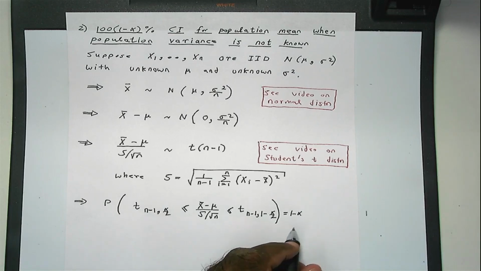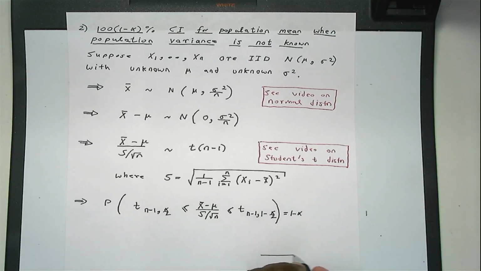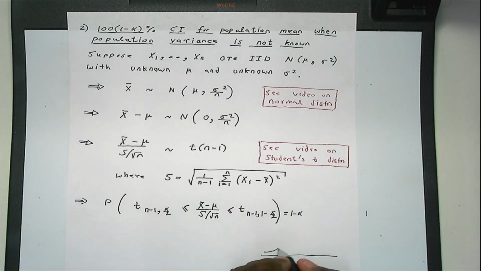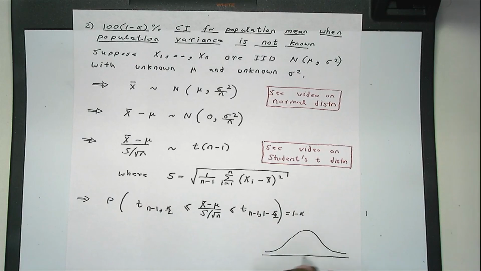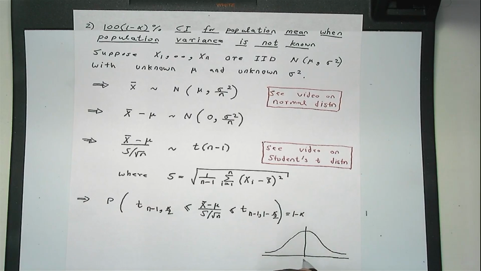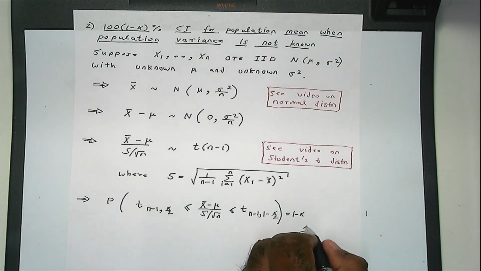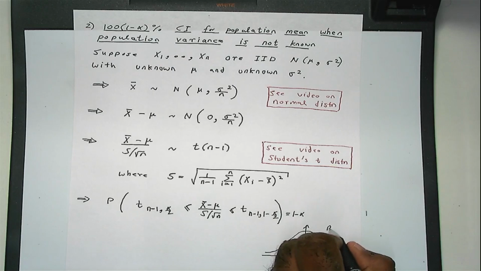In other words, let me try to draw the picture if I can. The student's T PDF is more or less like the normal PDF, right? So this is 0. This is the PDF of T n minus 1.